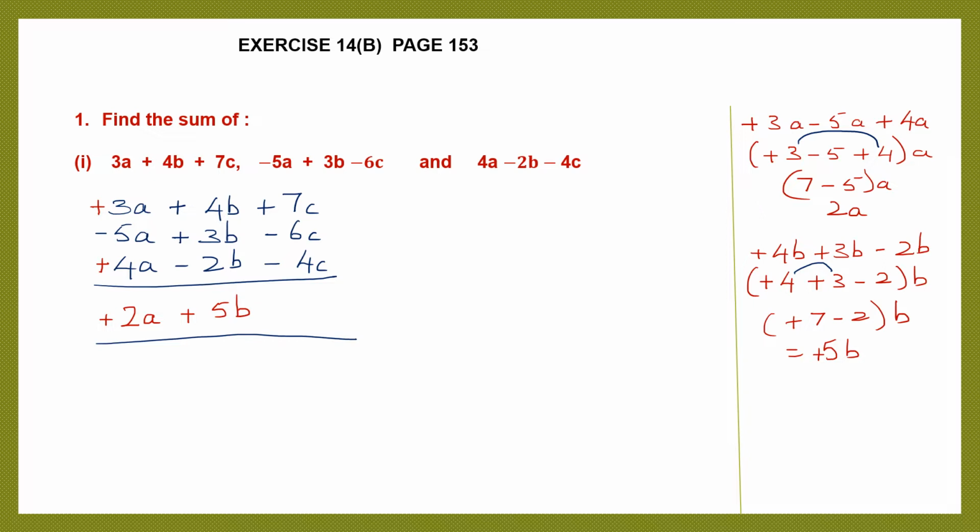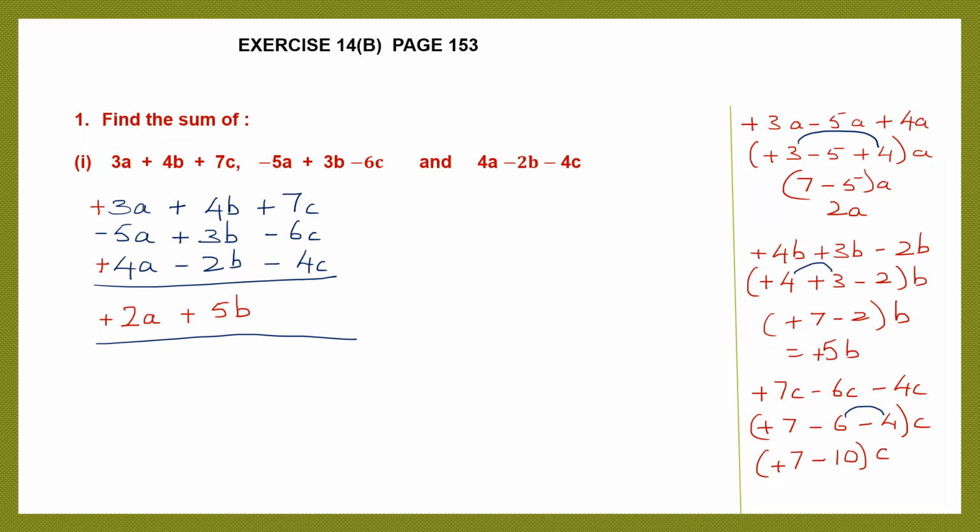Then the next one, let's take plus 7c minus 6c minus 4c. Take only the numbers plus 7 minus 6 minus 4c. Now add the numbers that have the same sign. So these two numbers will add and put the same sign. So plus 7, put the same sign and add. 6 plus 4 is 10, 10c.